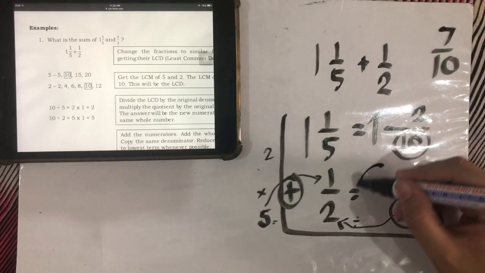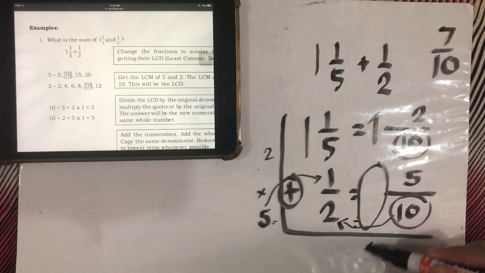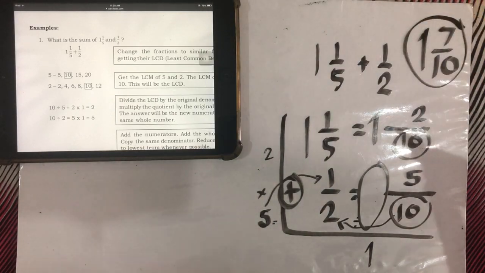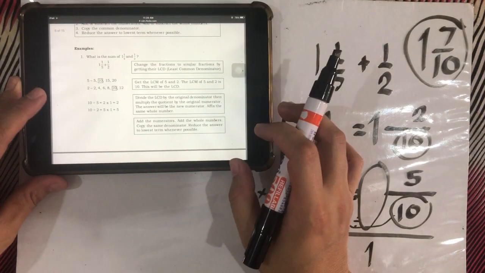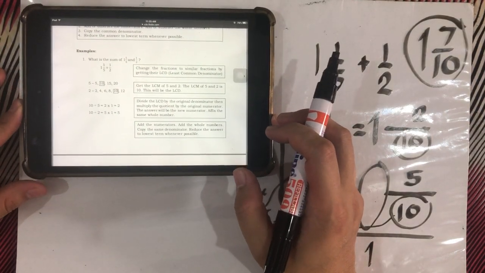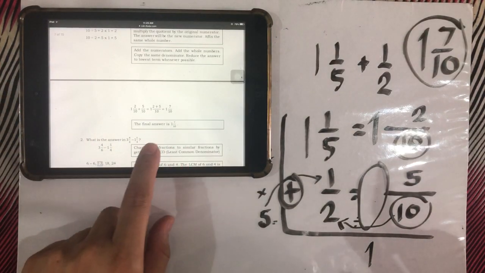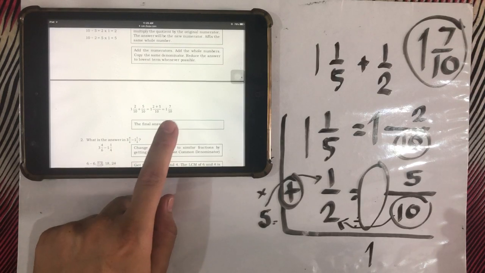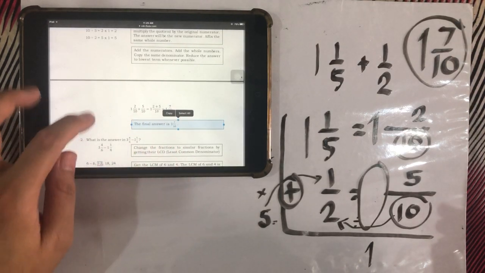And then, since wala naman tayong i-add na whole number, bring down lang natin siya. So, the answer is 1 and 7/10. Okay, so that is the answer. Final answer is 1 and 7/10.